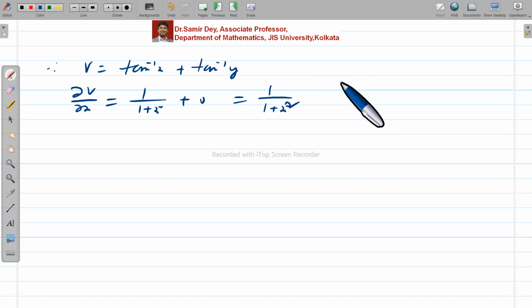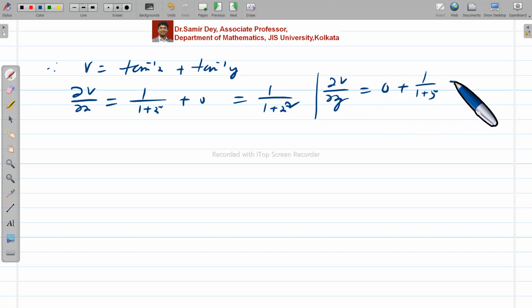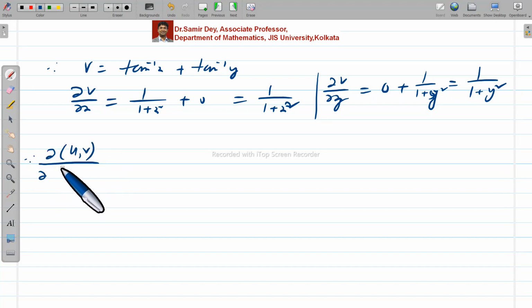And del v del y is equal to 0 plus 1 by 1 plus y square, that is 1 by 1 plus y square.